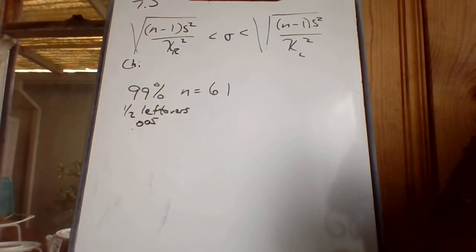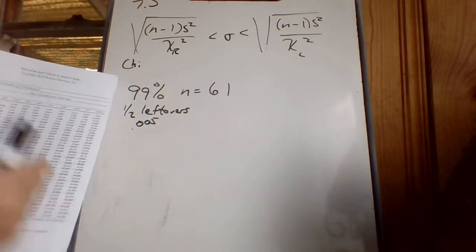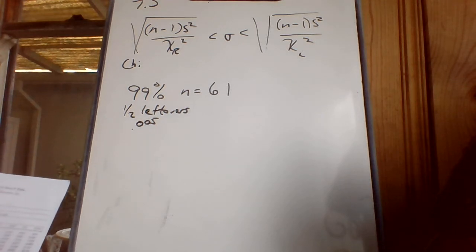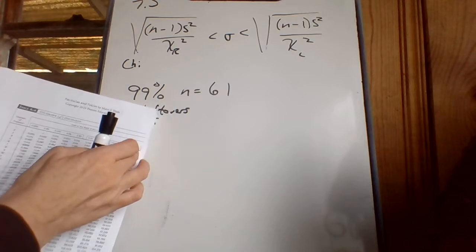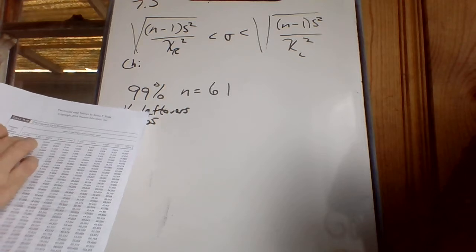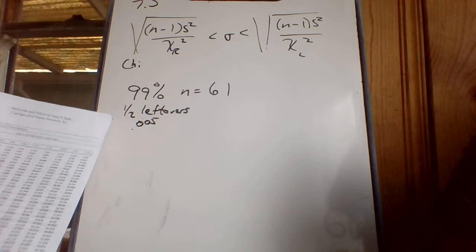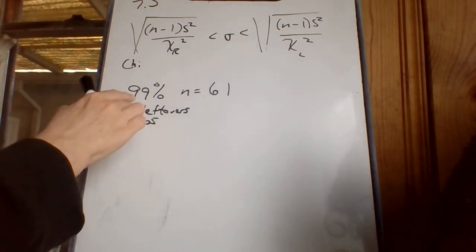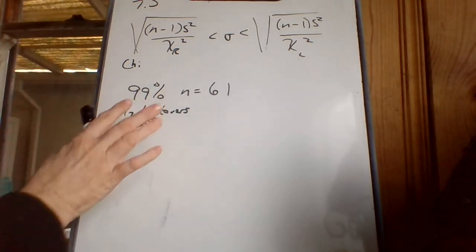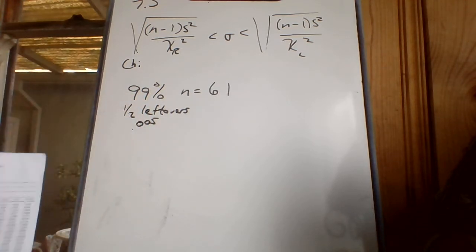So I am definitely going down the 0.005 column, this last one, all the way over here. And I have to go with the column that matches up with that. Remember, I've turned these all into a rainbow by connecting them up. 0.005 does not connect up with 0.99. It connects up with 0.995, so I end up going down the first column because those two are connected in my half the leftovers system. I'm never going to go down the 0.99 column. Every time you do one of these problems, that is not the number you're working with. You're working with a half the leftovers number.